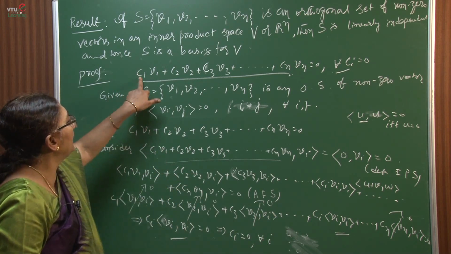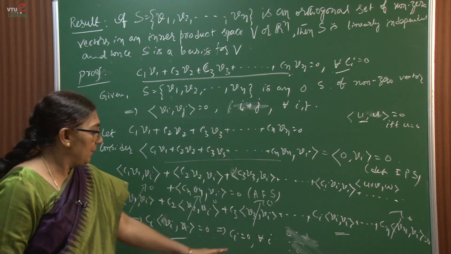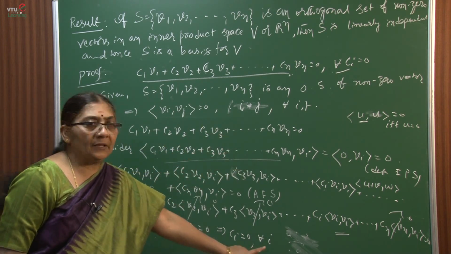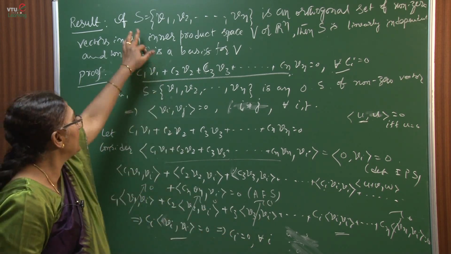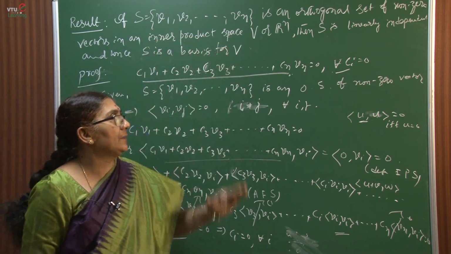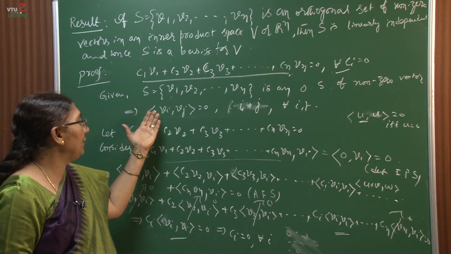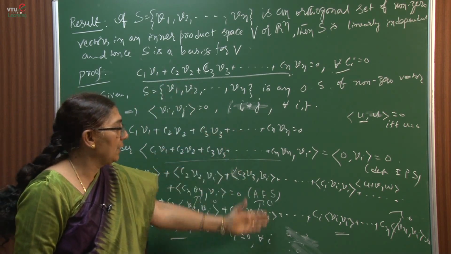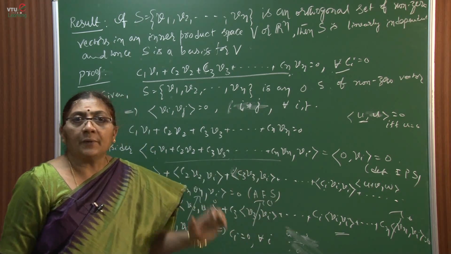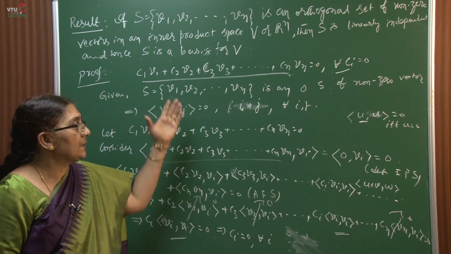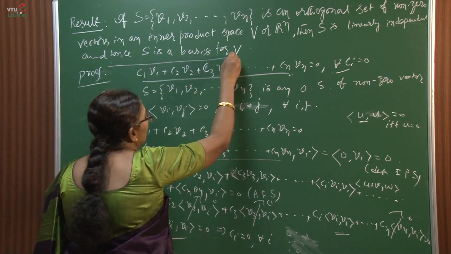At the beginning we considered C1 V1 plus C2 V2 and so on up to Cn Vn equal to 0, and finally we derived Ci is 0 for every i. Therefore, from the definition of linearly independent, the set of vectors V1, V2 up to Vn is linearly independent, because we chose C1 V1 plus and so on up to Cn Vn equal to 0 and got Ci equal to 0 for every i. Hence S is linearly independent, and hence S is a basis.